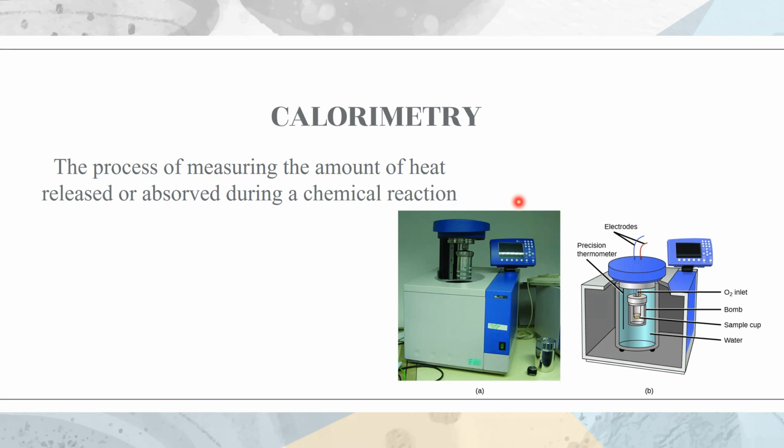One of those is that when we know the change of heat, we can know whether a reaction is endothermic, which means it is absorbing heat, or exothermic, which means it is releasing heat. Calorimetry can help us with those things because we can easily measure how much heat we have in the beginning and how much heat we have at the end. And this machine over here is a calorimeter.